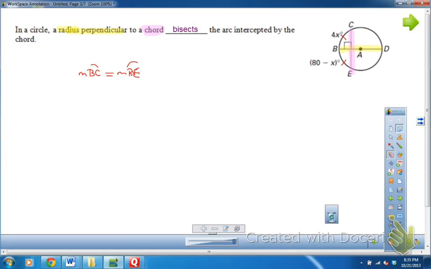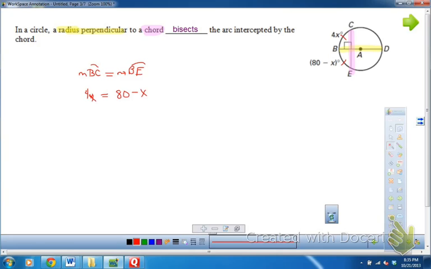and let's see if I can clean that up some. Alright, so that's BE, that arc. Now, the measure of arc BC here is represented as 4x. And then you have 80 minus x for the other arc.